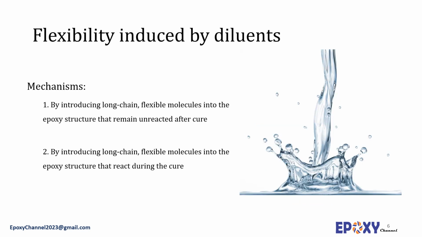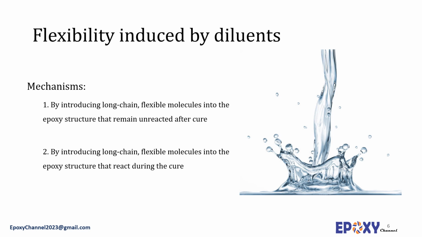Diluents are primarily used to reduce viscosity. However, some diluents also provide a degree of flexibility depending on the component's functionality and molecular nature. This could happen based on two mechanisms. One, by introducing long-chain flexible molecules into the epoxy structure that remain unreacted after cure, or two, by introducing long-chain flexible molecules into the epoxy structure that react during the cure.